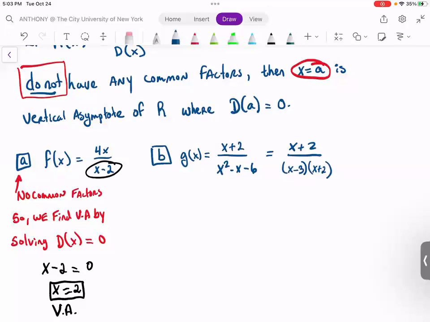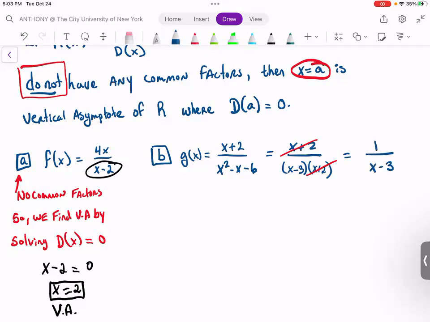Now look at this function here. When it's written in this factor form, do you have any common factors between the numerator and the denominator? x plus 2. The x plus 2's can be canceled out here. If you cancel out the x plus 2's, what you're going to have is 1 over x minus 3.